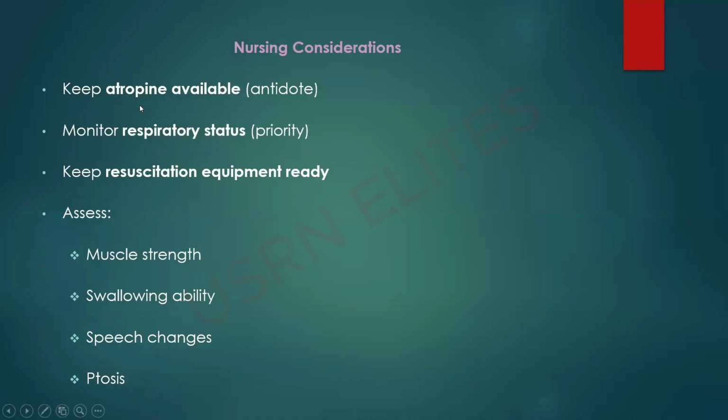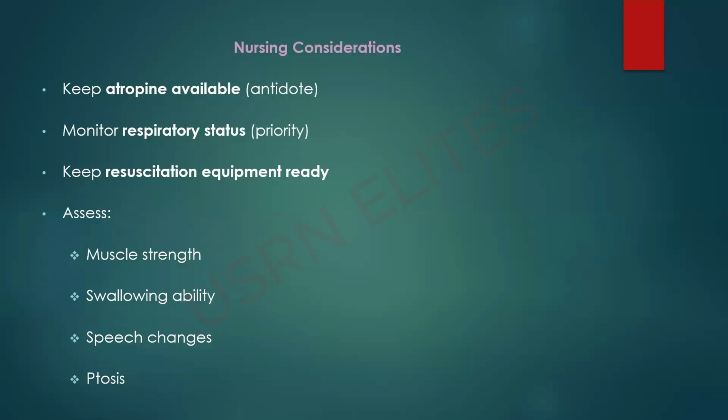So anticholinergic means it can reverse the action of what? Cholinergics. In other words, it can reverse the action of acetylcholine. So make sure you have atropine ready just in case you can use it.